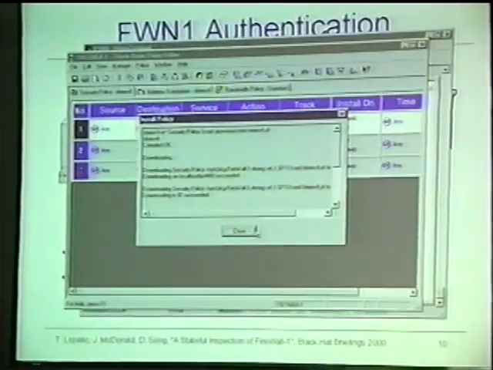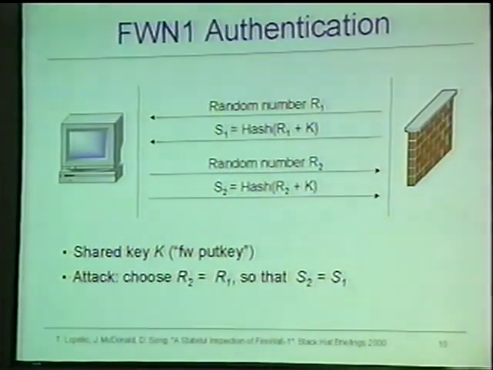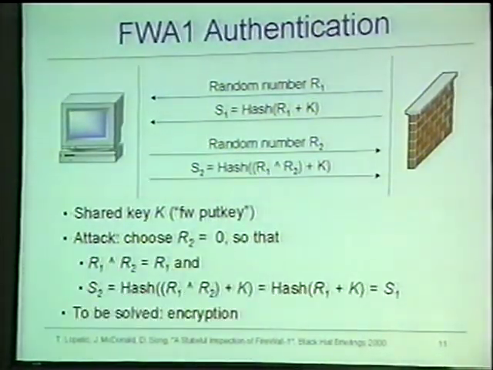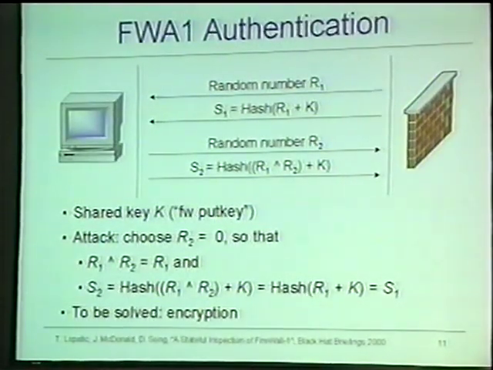Okay, everything done. Okay, FWA1. It looks like that. It's very similar to FWN1. We get sent a random number R1, and we get sent the same signature again.